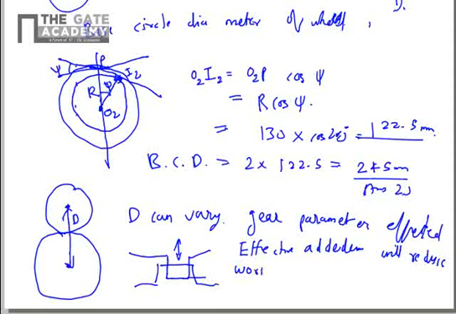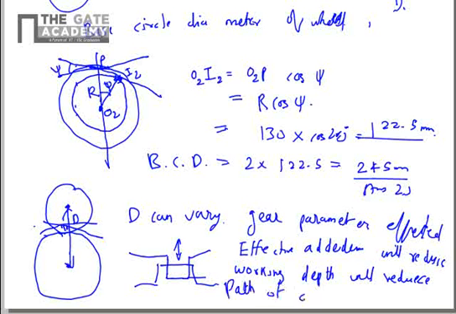Hence the working depth will reduce. And you know that the path of contact is primarily dependent on the addendum. When the addendum cuts the pressure line, the line of action, that is the place. So if the addendum radius is reducing, it will cut at a very early point, so the path of contact will reduce.